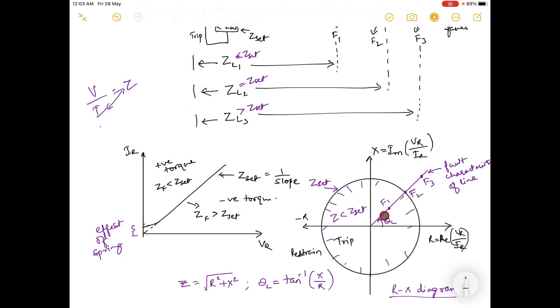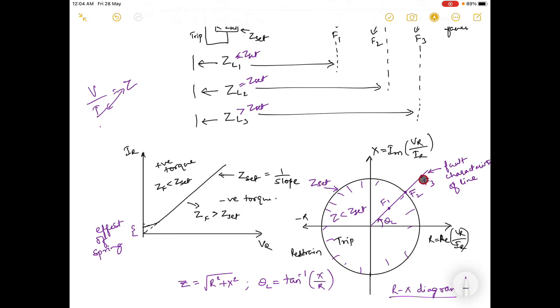Next, now if Z is more than the Z set, means outside the circle, restrain, means no trip. So this is trip, this is no trip. So here you can see F3 is the external fault.